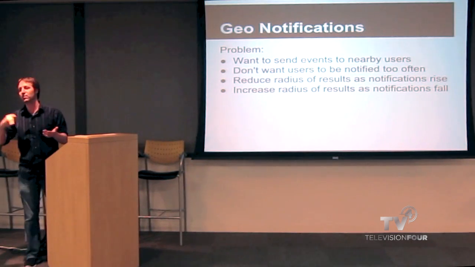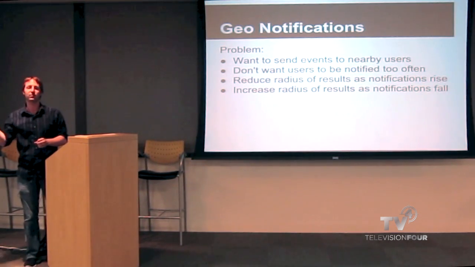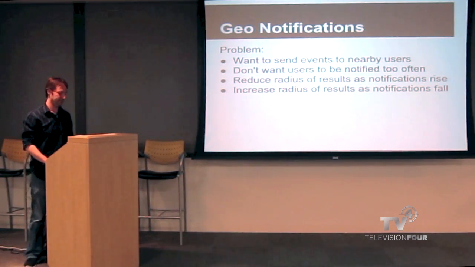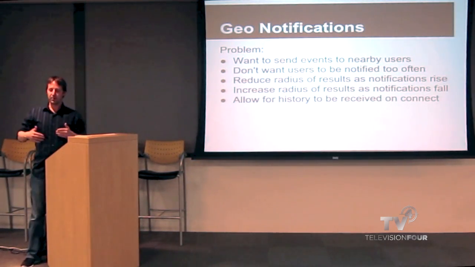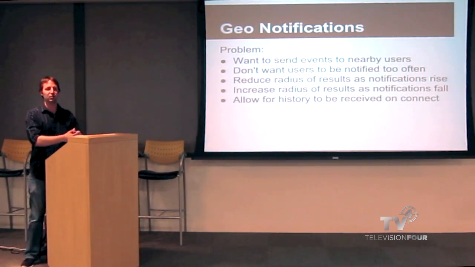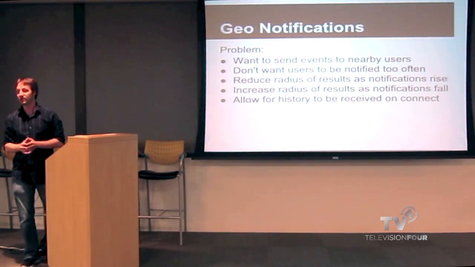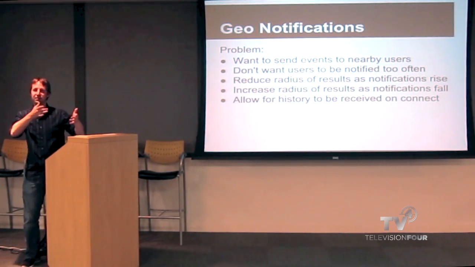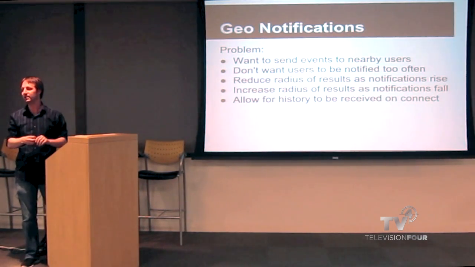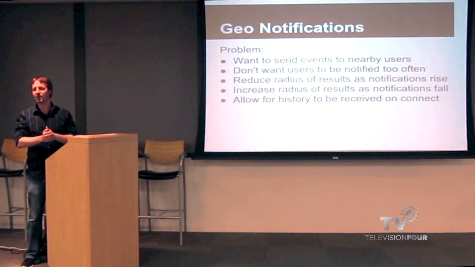He only cares about those ones that are nearby him that he can get to and pick up really quick. Okay. But also, we want to be able to support the ability to fetch history. So, when I connect, I want to see the events right around me immediately, and then I want to get more or less real-time updates.